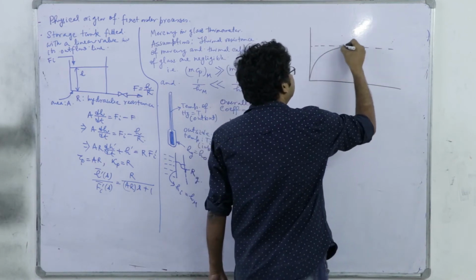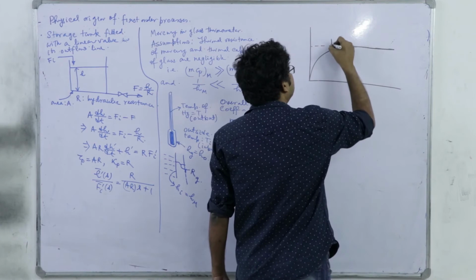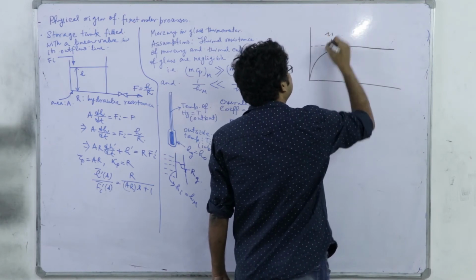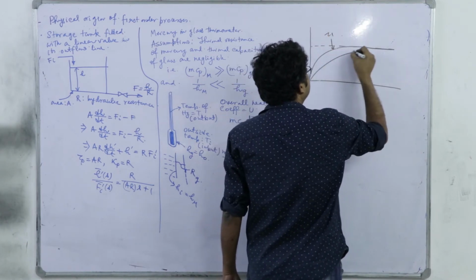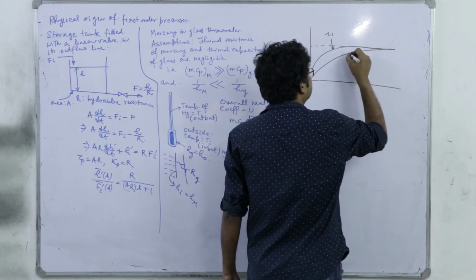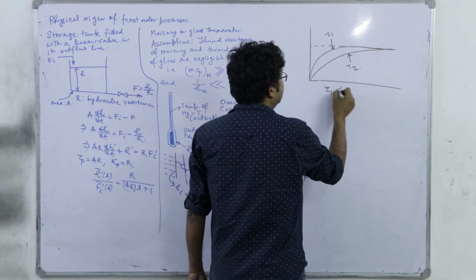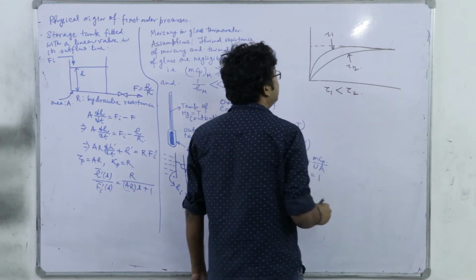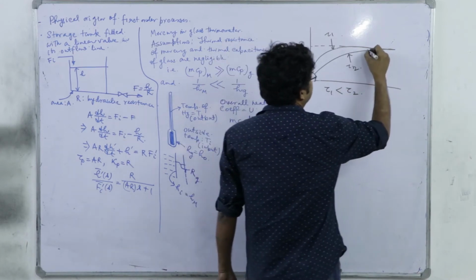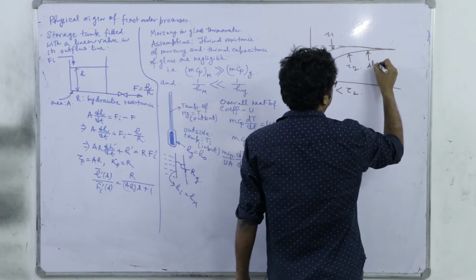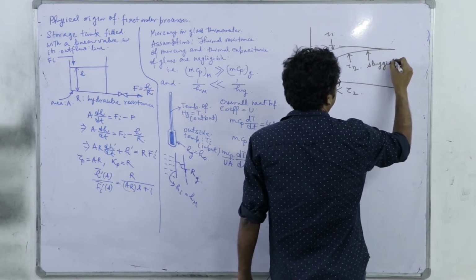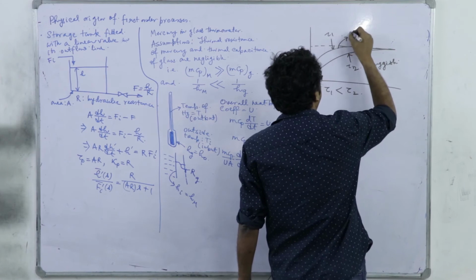This is a process of time constant tau 1, this is another process of time constant tau 2. Tau 1 is much smaller than tau 2 because process 2 is a sluggish process whereas process 1 is a fast process.